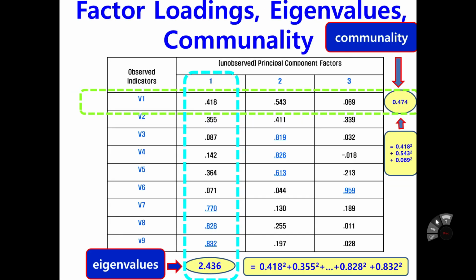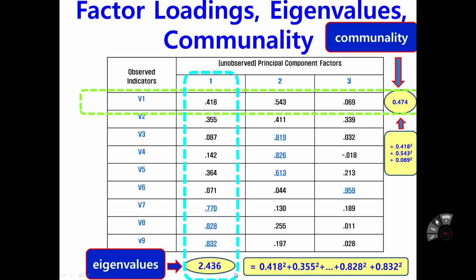In this table of factor loadings, we have 3 factors selected or extracted from the given information of 9 indicators. Of course, those 9 indicators will be observed indicators. So those 9 observed indicators will produce 3 principal component factors. Column-wise, we can summate the squared factor loadings. For the first extracted factor, we have an eigenvalue equal to 2.436.